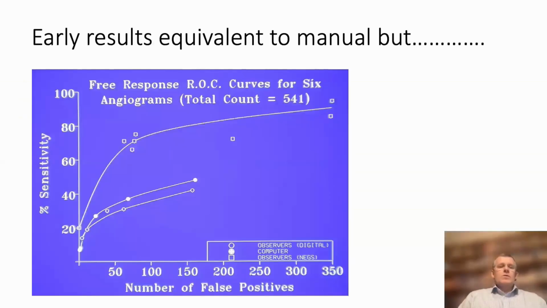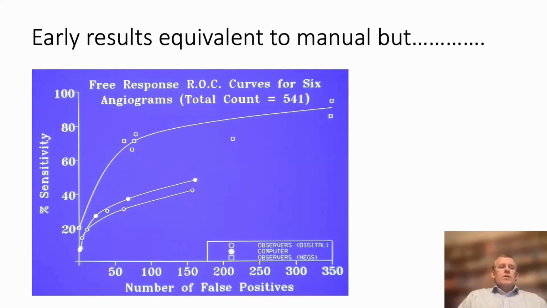Here you can see the early results obtained in Aberdeen by medical scientists and by Russell Phillips, an ophthalmology trainee, where you can see in the upper curve, which is looking at the results obtained on film, the sensitivity of human observers compared to Russell was reasonable, although never as good.